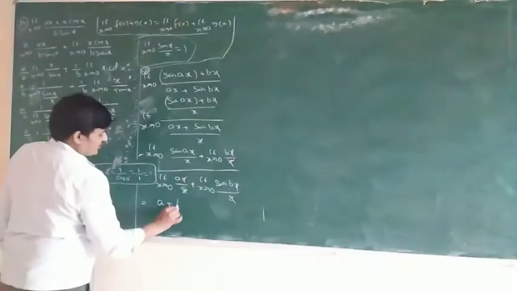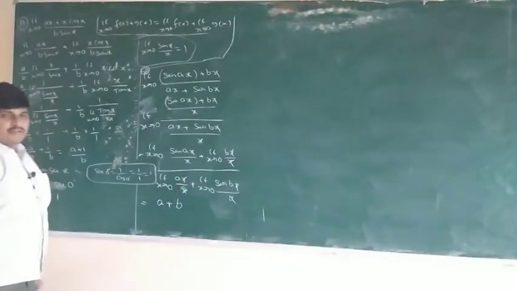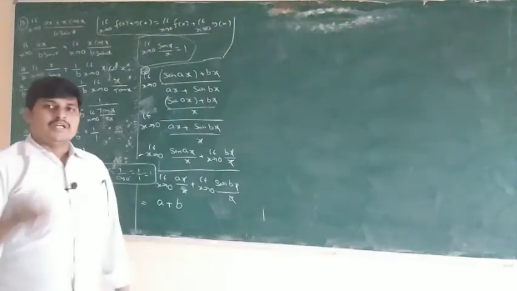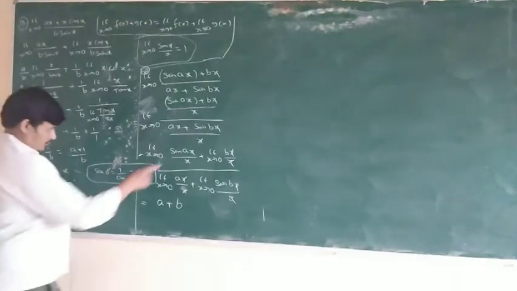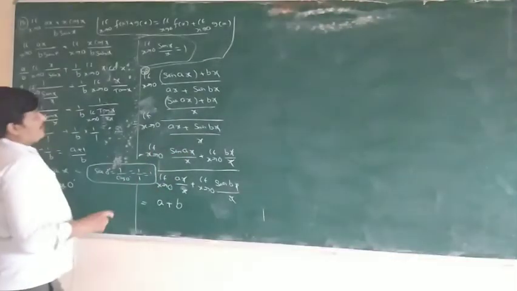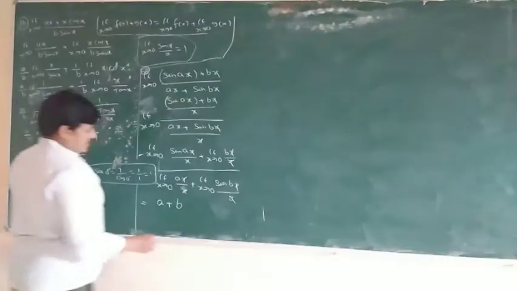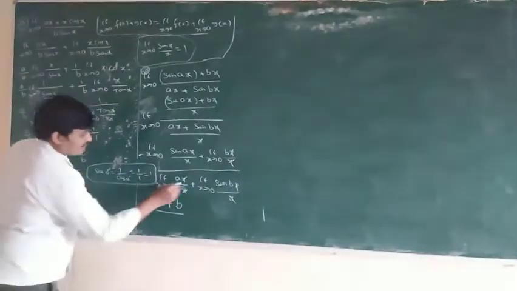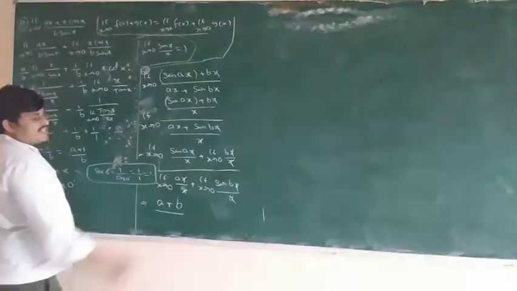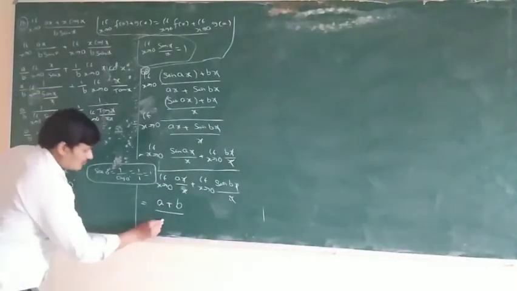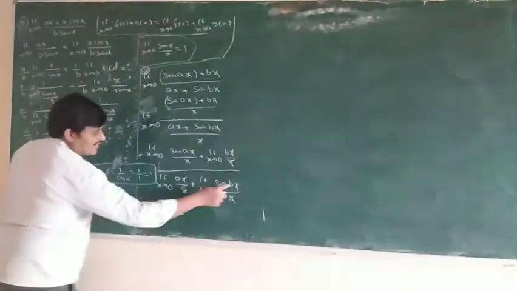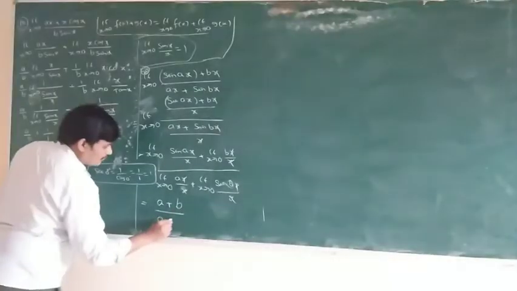The limit of any constant is equal to the constant. So sin ax by x: which formula? Sin mx by x. The x's cancel, the limit of a is equal to a, plus sin bx by x is equal to b.